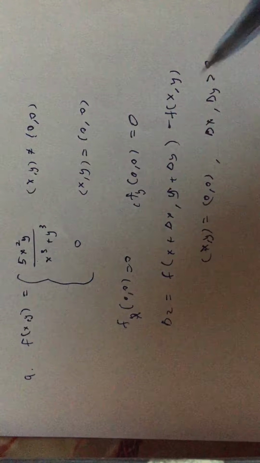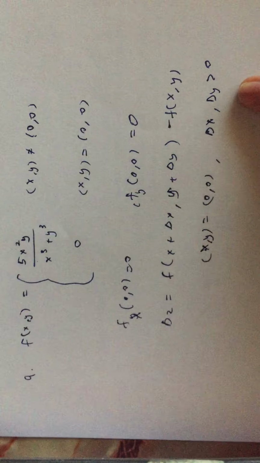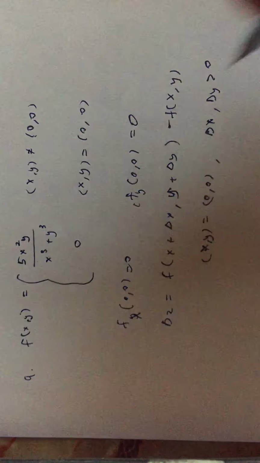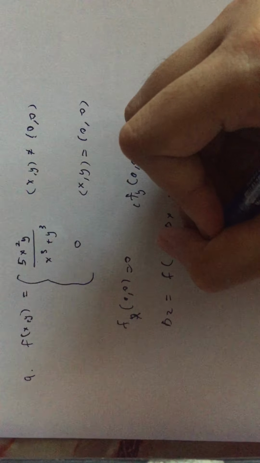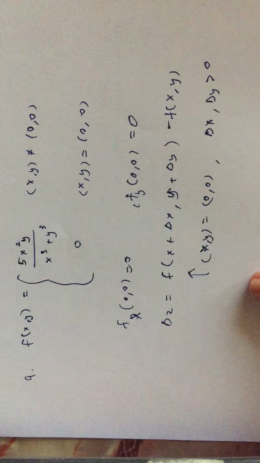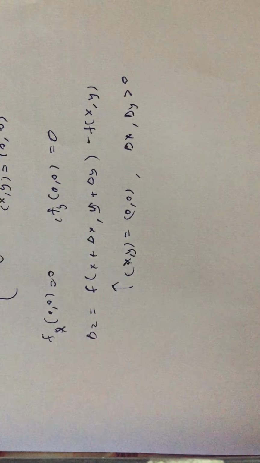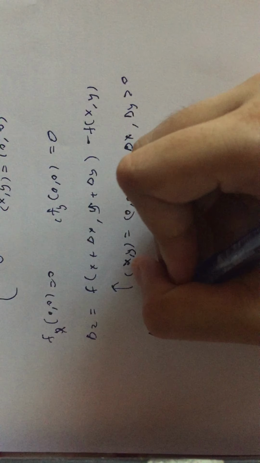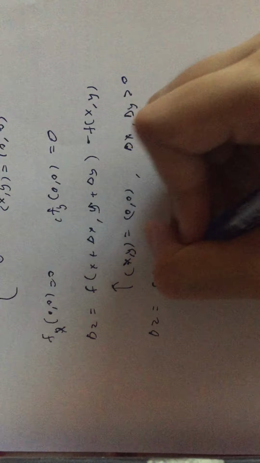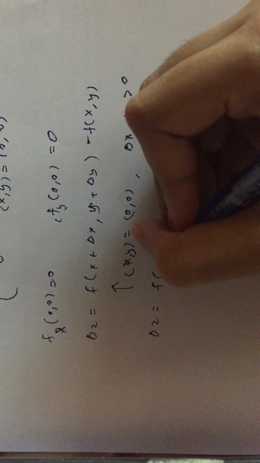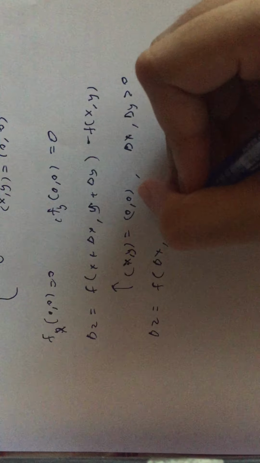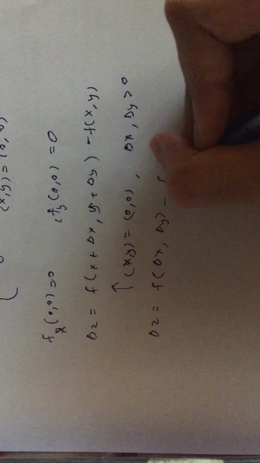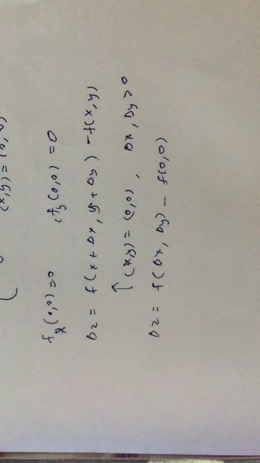So, masukkan value of 0, 0 dengan delta x, delta y positif dalam this formula. Dan kita akan dapat delta z is equals to f of 0 plus delta x, which is delta x, and then 0 plus delta y, which is delta y, minus f of 0, 0.